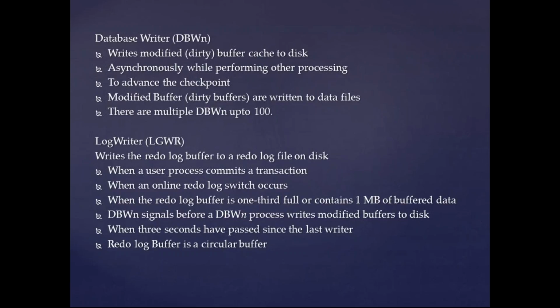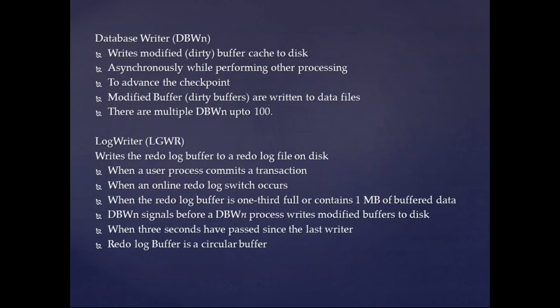So the checkpoint is the trigger which gets initiated. Now the question in your mind would be when this trigger will be executed. This checkpoint is executed depending on a parameter. There's a parameter set for this checkpoint, and then it will be initiated. When it is initiated, all the dirty buffers go back to the disk.